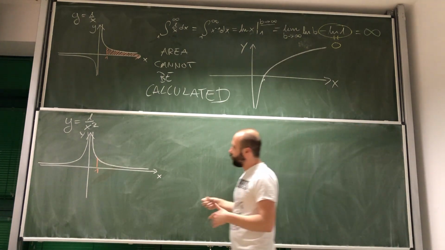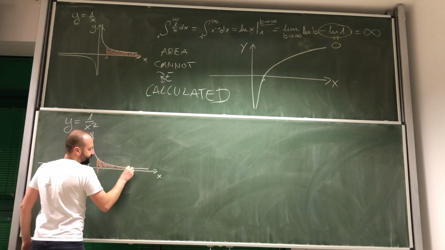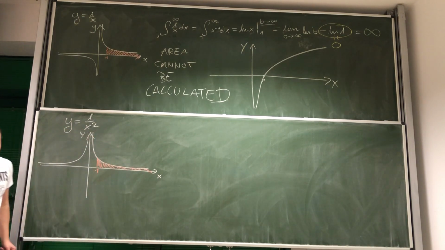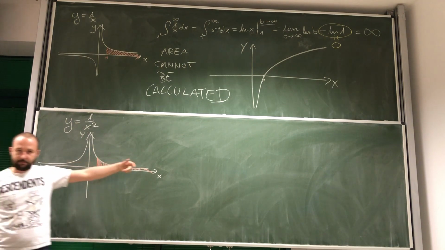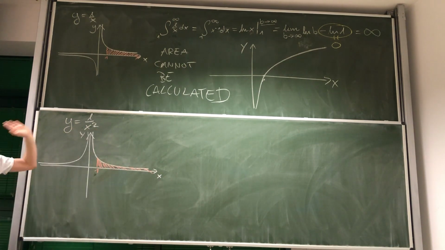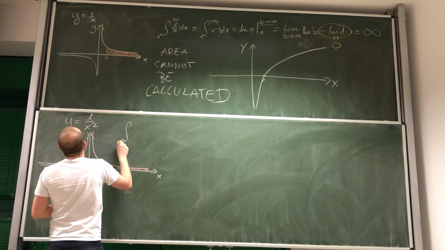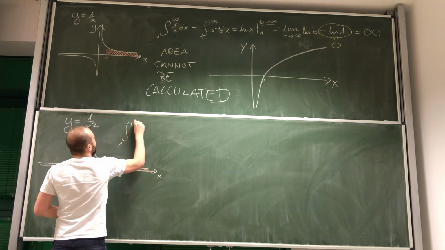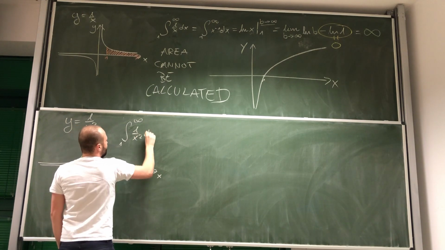Now, let's see whether this is going to have any impact on our results. Because we still want to know what is the size of the area below this function between 1 and infinity. So from 1 to infinity. So again, we need to calculate the integral from 1 to infinity of 1 over x squared dx.